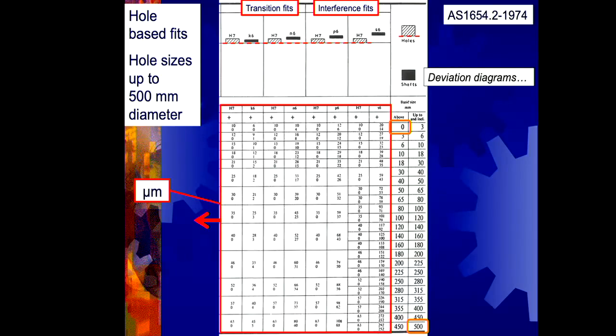And then as we get to the last two columns, the hole is as it was, and the shaft diameter is always bigger. No matter where within that statistical range or the normal distribution range, the shaft is always going to be bigger. And so that's the interference fit end of things.